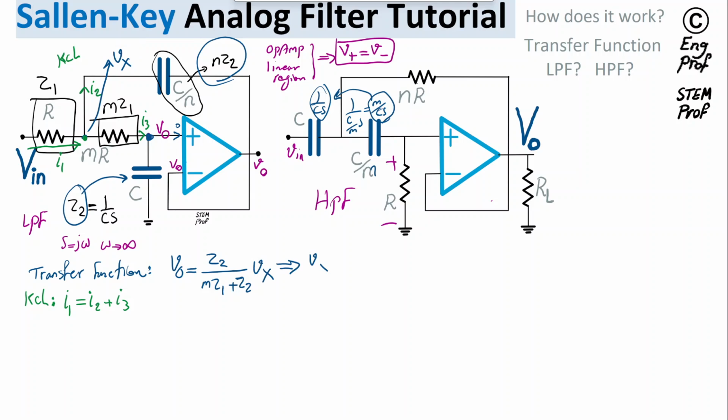Or we can also write it this way: Vx is equal to MZ1 divided by Z2, plus 1, times Vout. Let's keep this as equation 1.